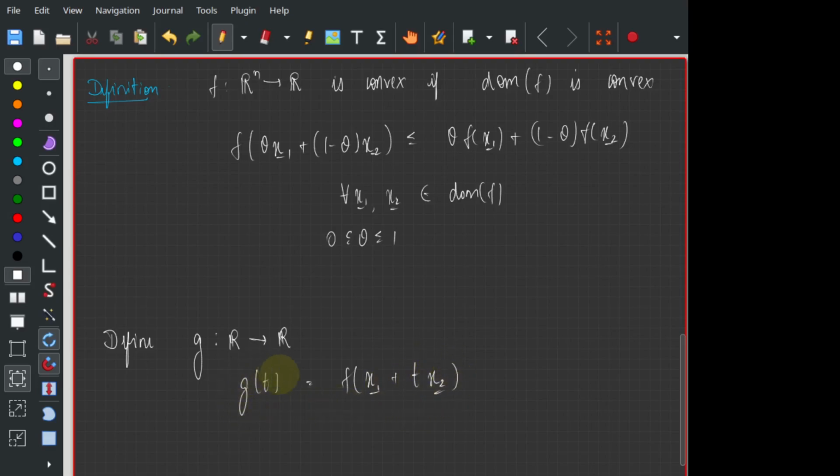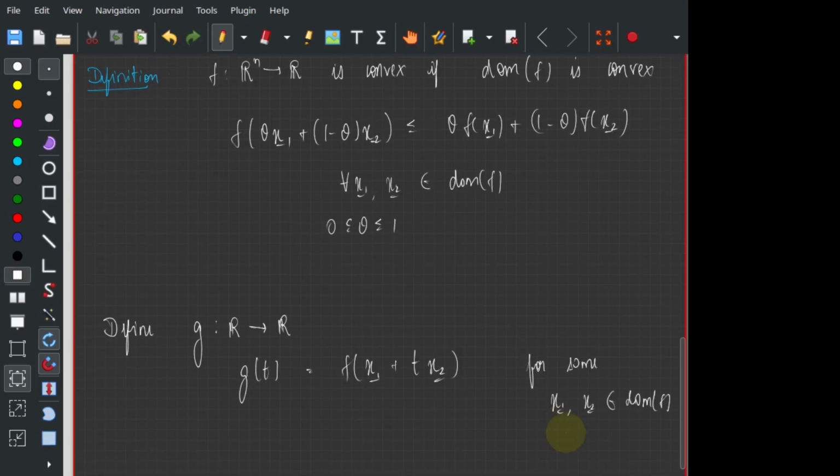So this g of t is in fact g x1 x2 of t for some x1, x2 in the domain of f.